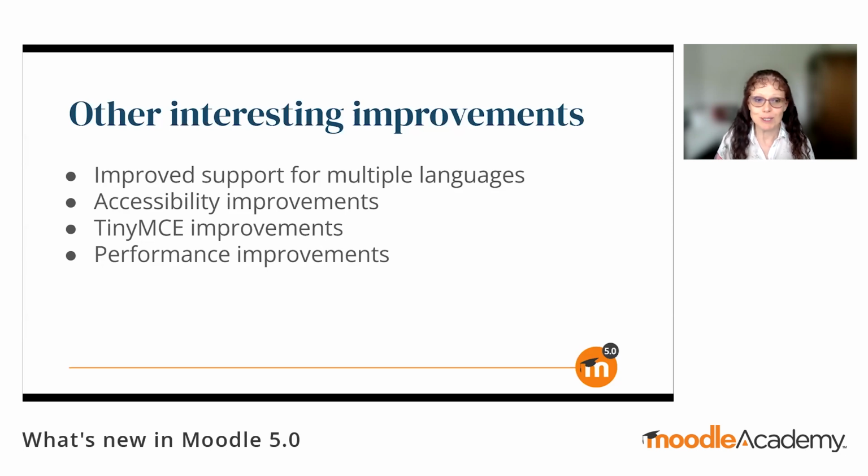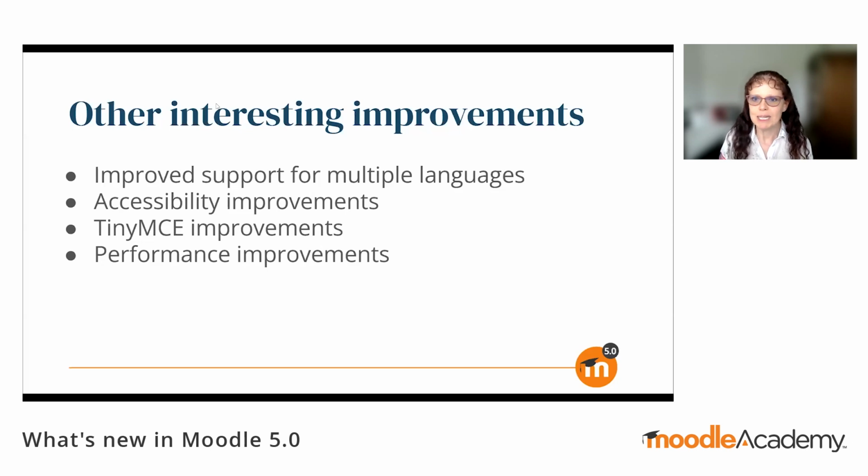Let's move on, because we've got lots to get through in our presentation, and take a look at some other interesting improvements in 5.0. What we have here is improved support for multiple languages in custom menus, glossary auto-linking, and in course full names.